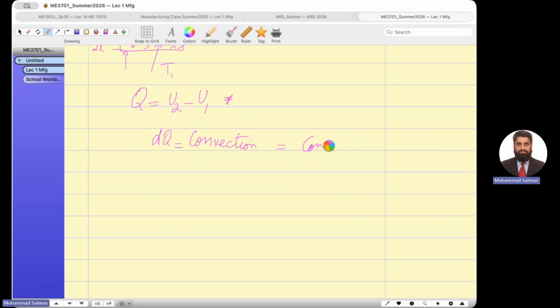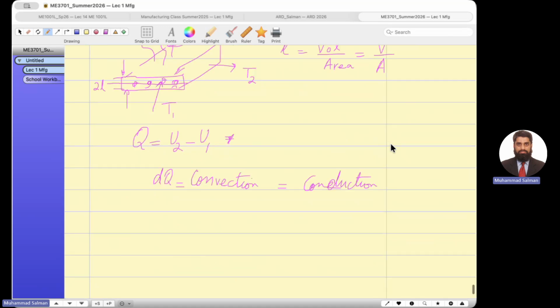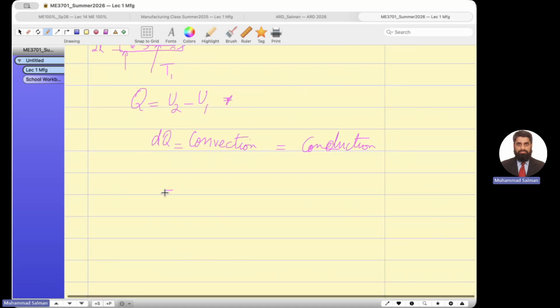This is taking some delay in my computer, but internally it is conducting, you understand my point? Externally it is convection through the surface. So the Biot number is going to, let me show you.